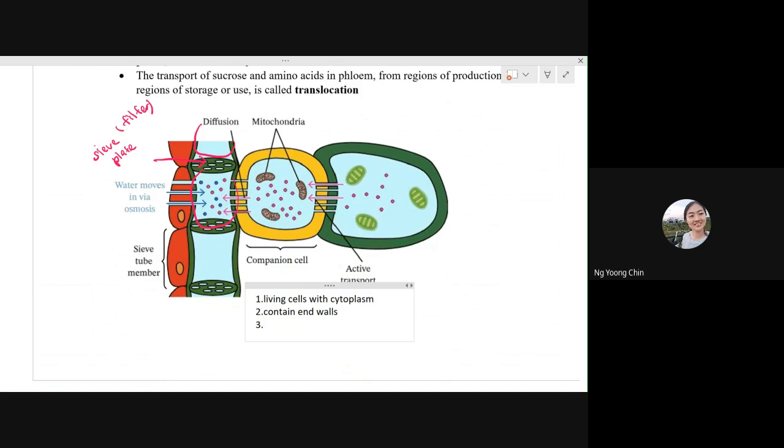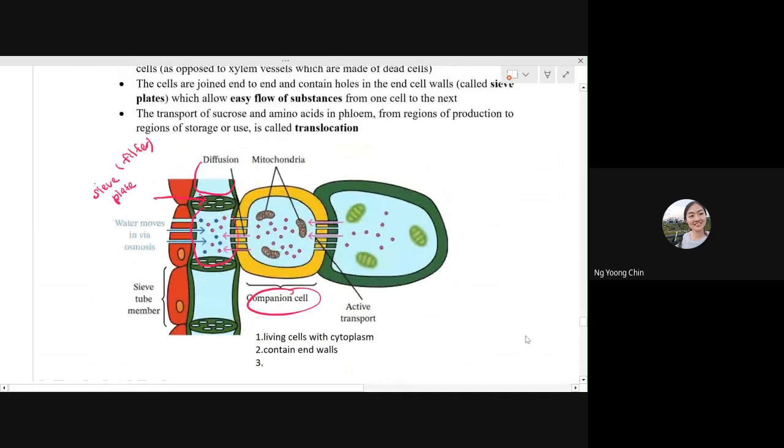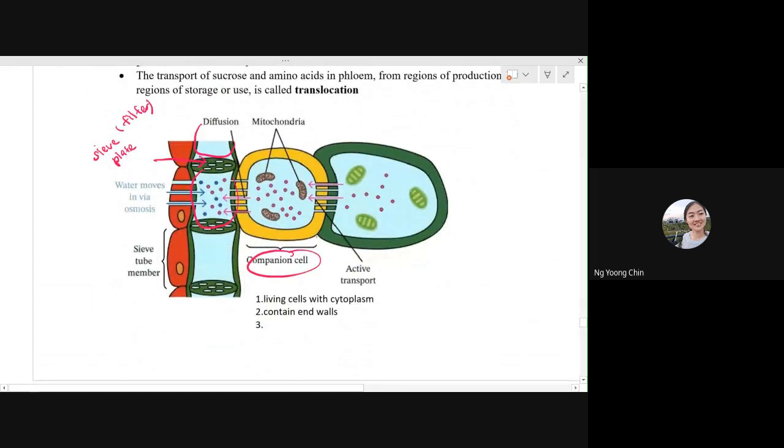Because they are living cells, they are connected to the companion cell. This is the companion cell. The companion cell is always found adjacent to the phloem. It contains a very high density of mitochondria.